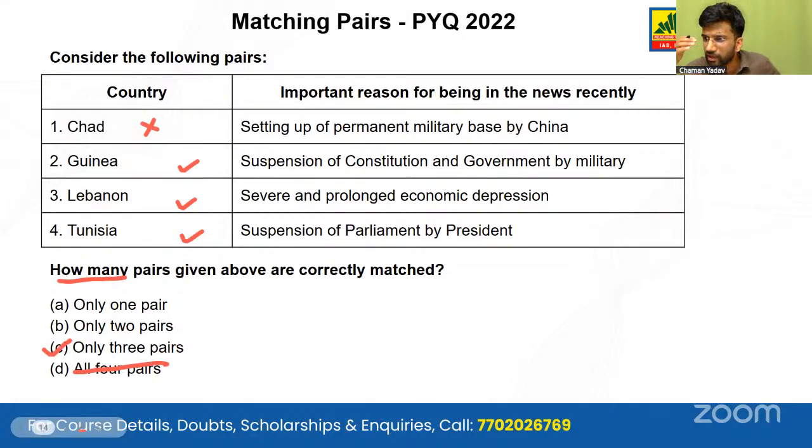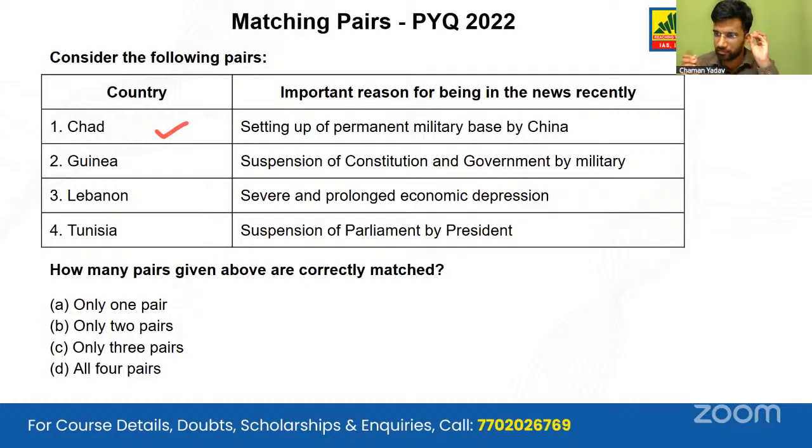So the level of difficulty has increased. But what happens in these sort of questions now? The element of luck has increased. I would say the element of luck has increased. So suppose you are an aspirant and you have marked the first statement as correct, even though it is incorrect, and you have marked statement 4 that is correct as incorrect.